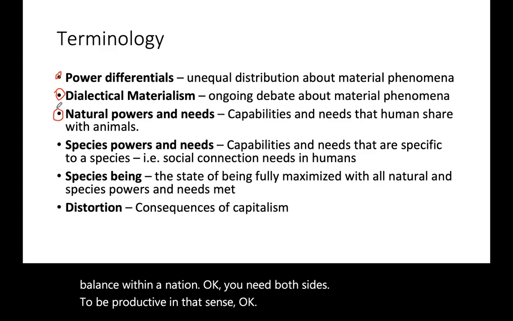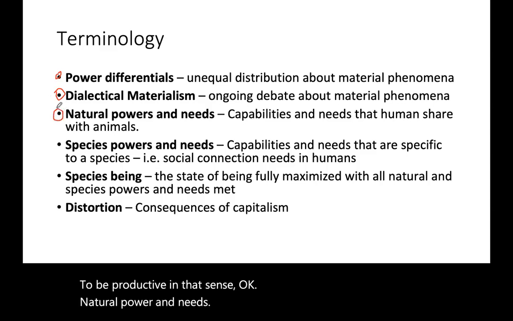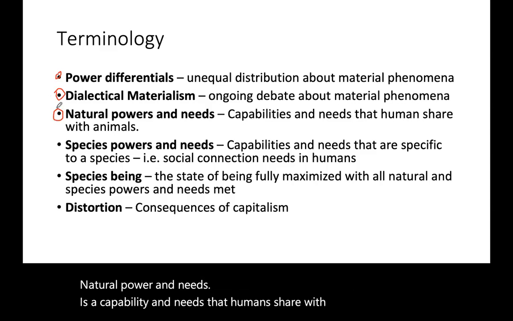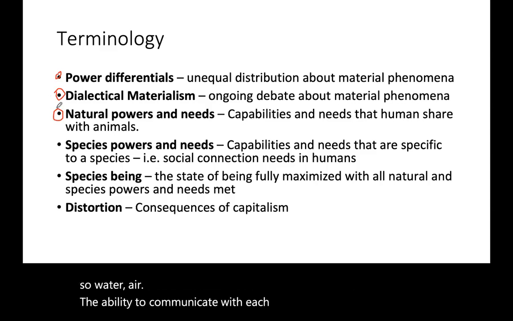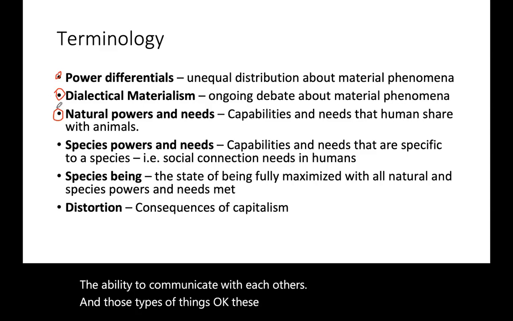Natural power and needs are the capabilities and needs that humans share with other animals. So water, air, the ability to communicate with each other, and those types of things. These are all powers that we share.